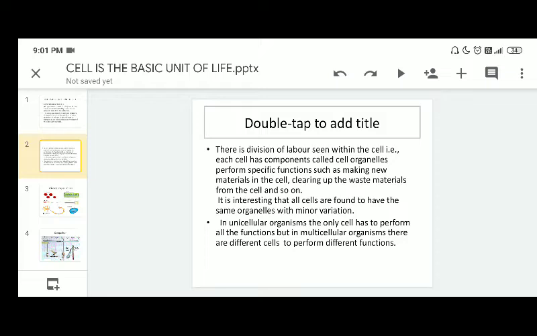In unicellular organisms, the only cell has to perform all the functions, but in multicellular organisms, there are different cells to perform different functions. This means if an organism is represented by a single cell, all its functions are to be performed by the cell itself.